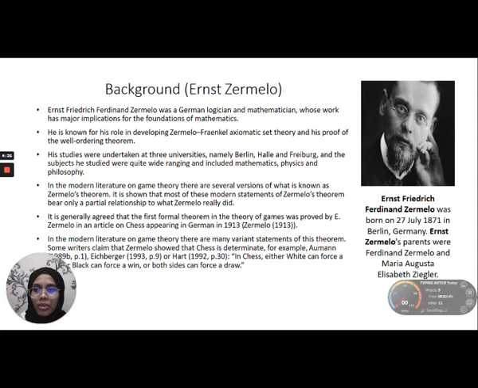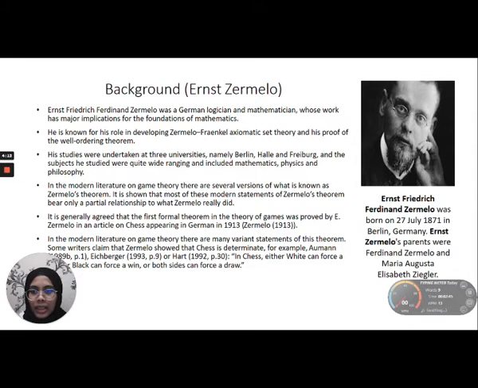He is also known for his role in developing Zermelo-Fraenkel axiomatic set theory and his proof of the well-ordering theorem. He studied at university, and the subjects he studied were quite wide-ranging and included mathematics, physics, and philosophy.